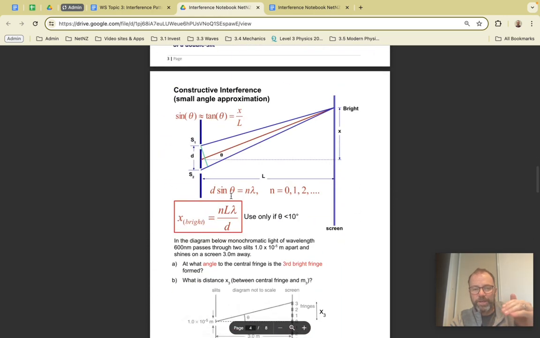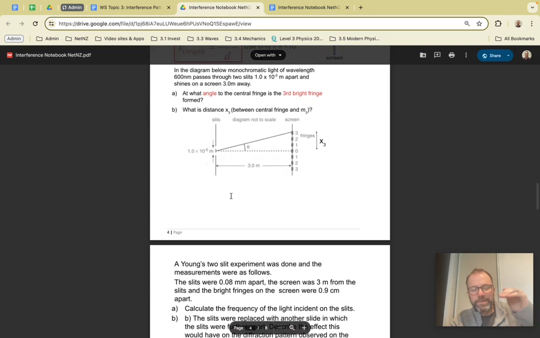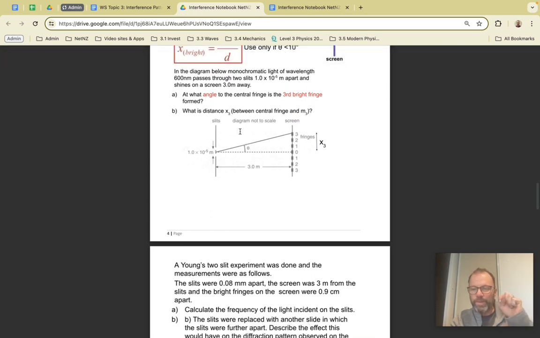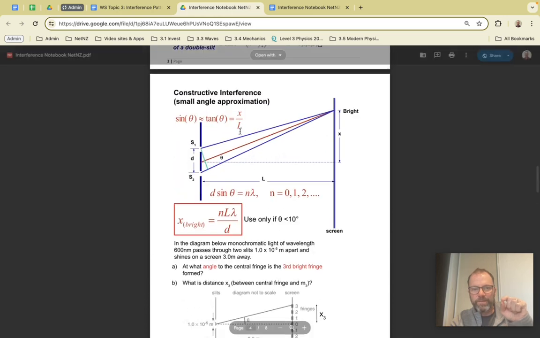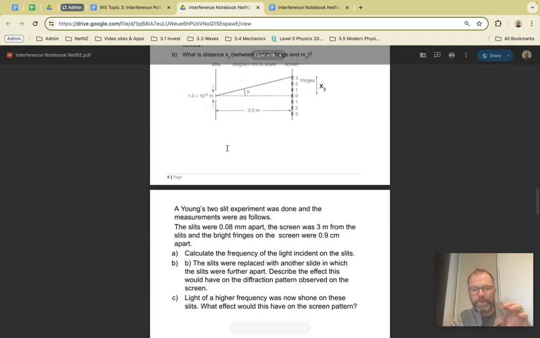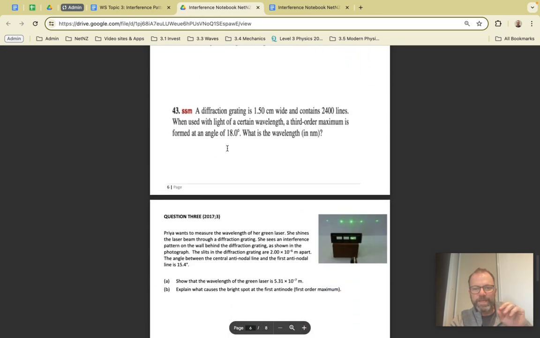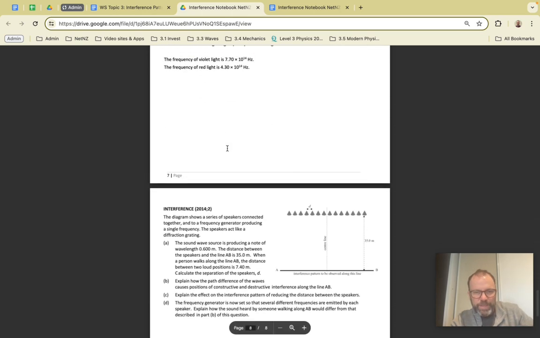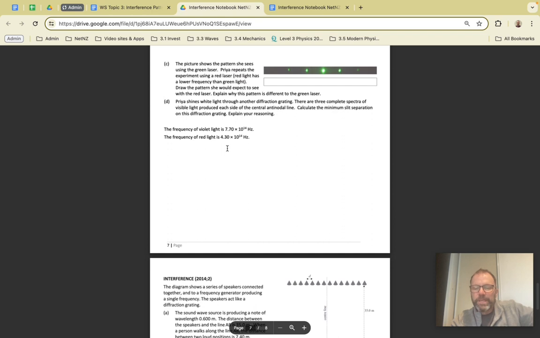Then we go on to the other notes, and you'll notice here are some worked examples where you could have a go at it. In theory, the information is just above you. And down the bottom is two good, not recent, exam level interference questions. Don't touch the recent stuff.